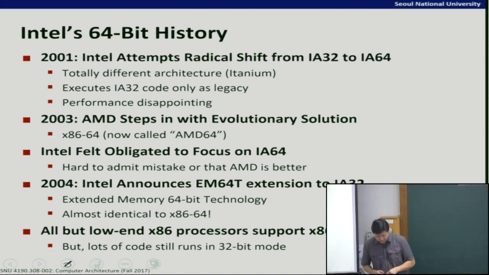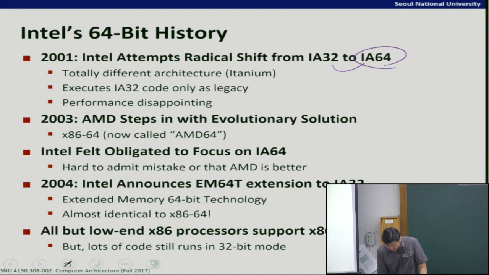And 64-bit history. Again, this is the last slide for the history. So around 2001, Intel attempted a radical shift from IA32 to IA64. But unlike what the name suggests, these architectures are not compatible. They are very different architectures; in other words, the instruction sets are very different.